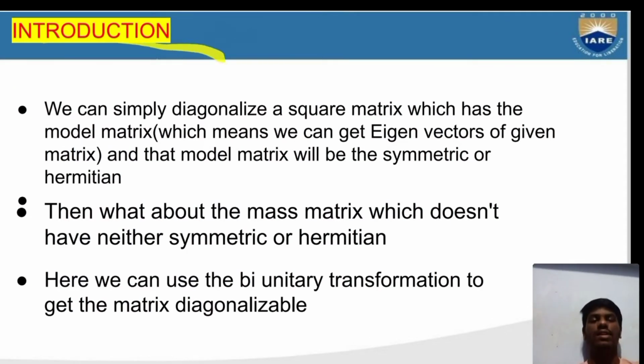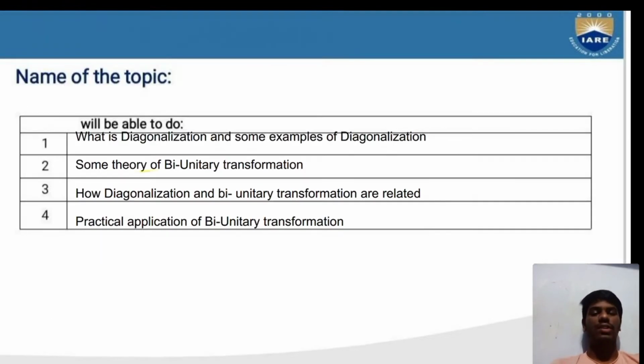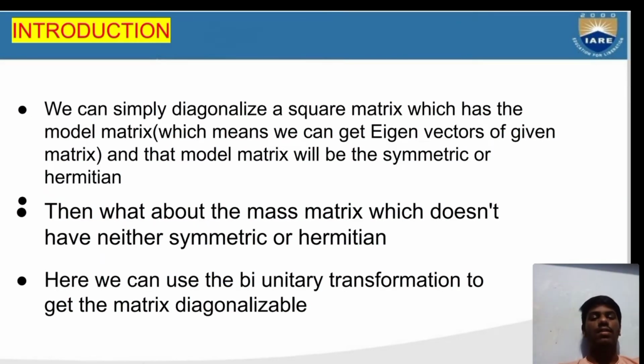Here, the introduction. We can simply diagonalize a square matrix which has a modal matrix, which means we can get the eigenvectors of the given matrix, and the matrix will be symmetric or Hermitian. Then what about a matrix which is neither symmetric nor Hermitian? Here we can use biunitary transformations to make the matrix diagonalizable.